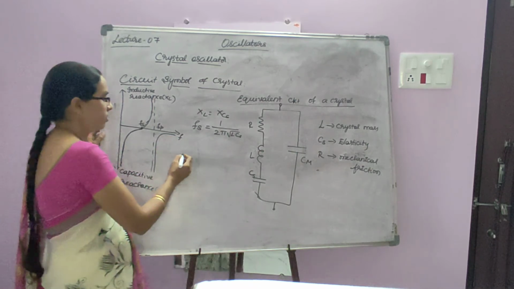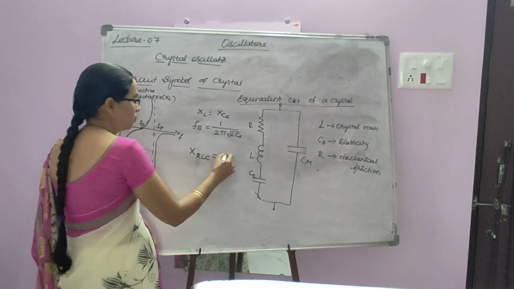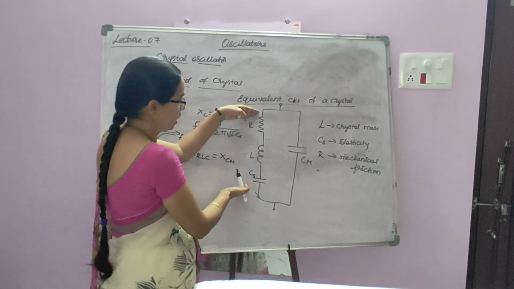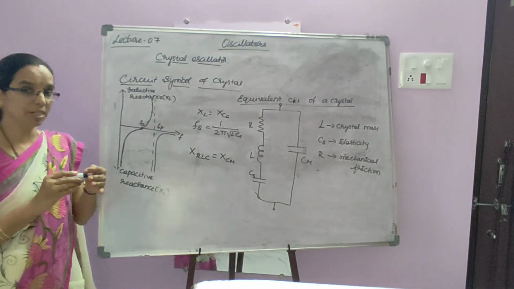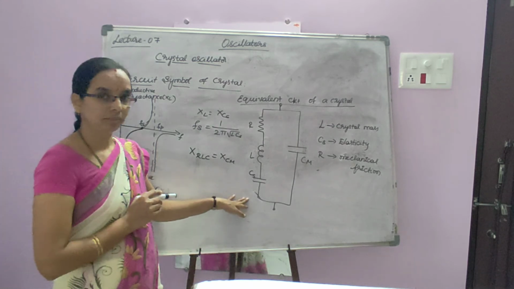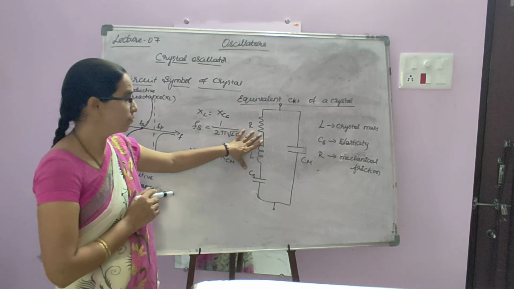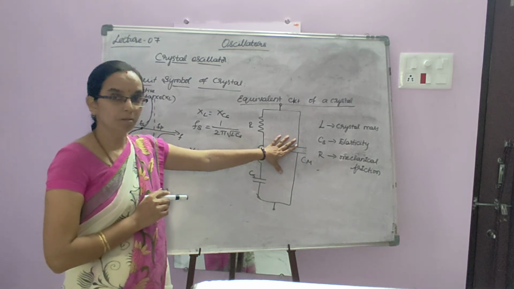At the parallel resonant frequency, XL is equal to XCm. That is, this reactance becomes equal to this. At that time, maximum impedance occurs, whenever the impedance of one branch is equal to the impedance of the other branch.